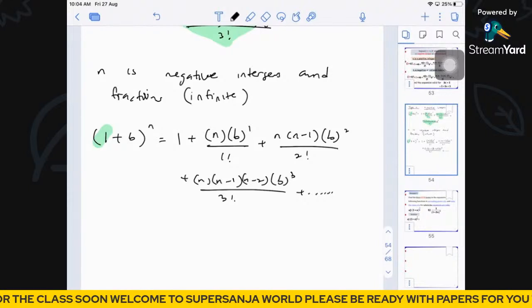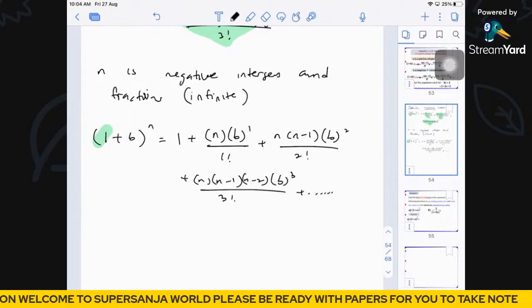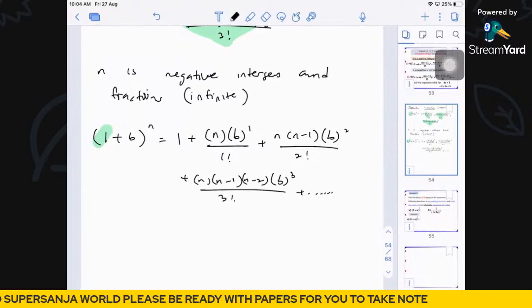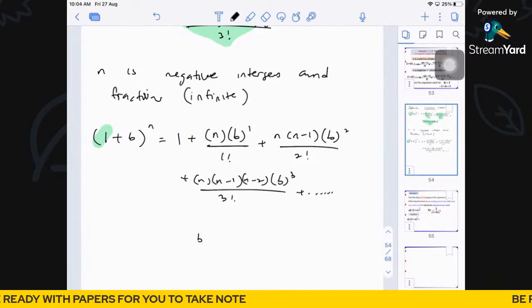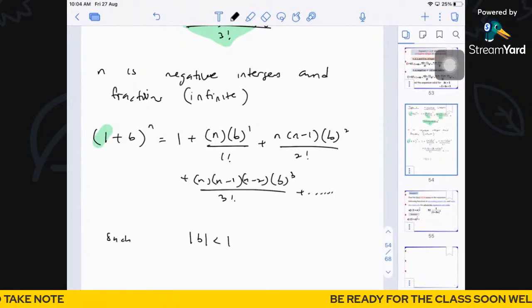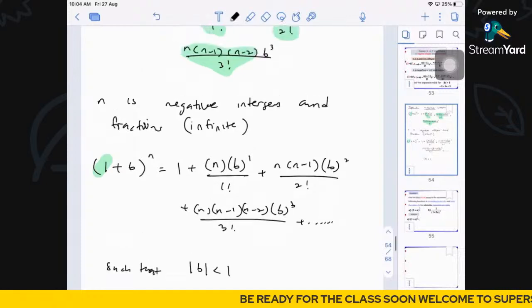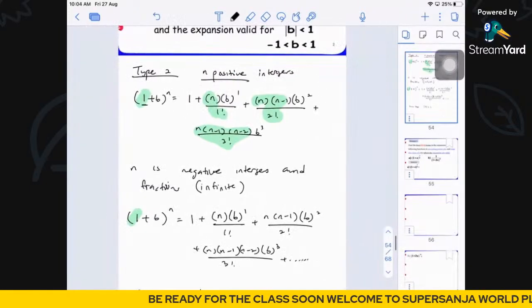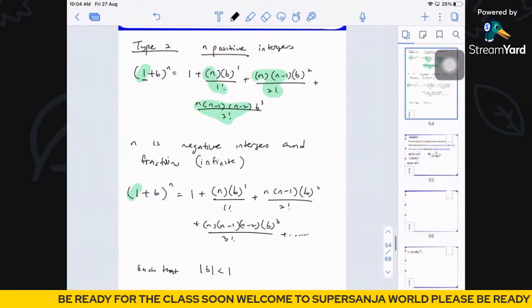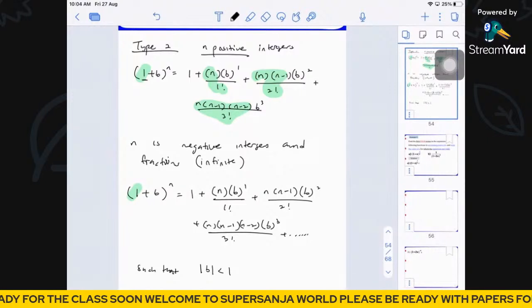Like if n is positive, then we can stop at power of 7, power of 8. Yes or not? We can stop. But this is infinite, so we cannot stop. So in this case here, we'd say that the modulus of b must be less than 1 for it to be valid. The expansion is valid if modulus of b is less than 1.